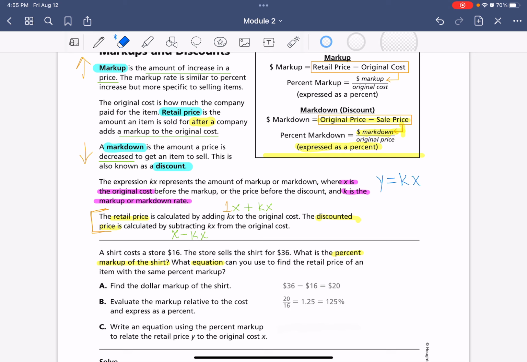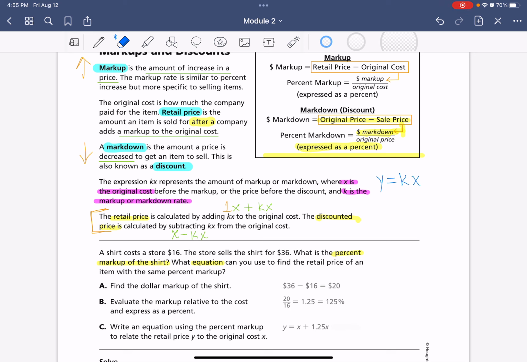Now we need to write an equation using the percent markup to relate the retail price, y, to the original cost. So here we're going to have y equals our original, so x, and then we need to add in our 1.25x. That's our markup percentage.